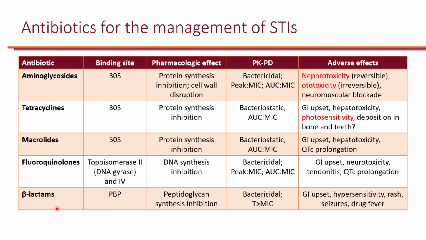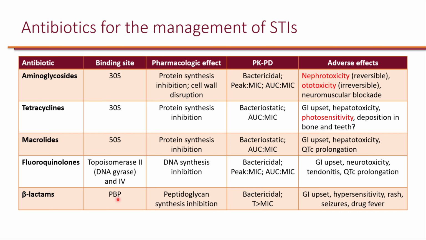And last but not least, we have beta lactams. Penicillins, especially for syphilis, have a big role. And of course, cephalosporins are also used for some of these, for example ceftriaxone and cefixime. The mechanism of action is the same. They bind to penicillin binding proteins.